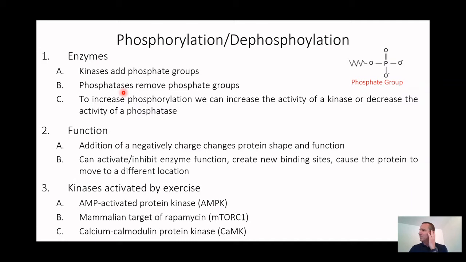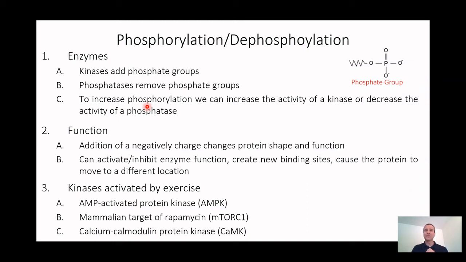Therefore, just like we talked about before with other things that are a balance, like the amount of RNA in a cell or how big your muscles are, if we want to increase phosphorylation, we can either increase the activity of a kinase or decrease the activity of a phosphatase.